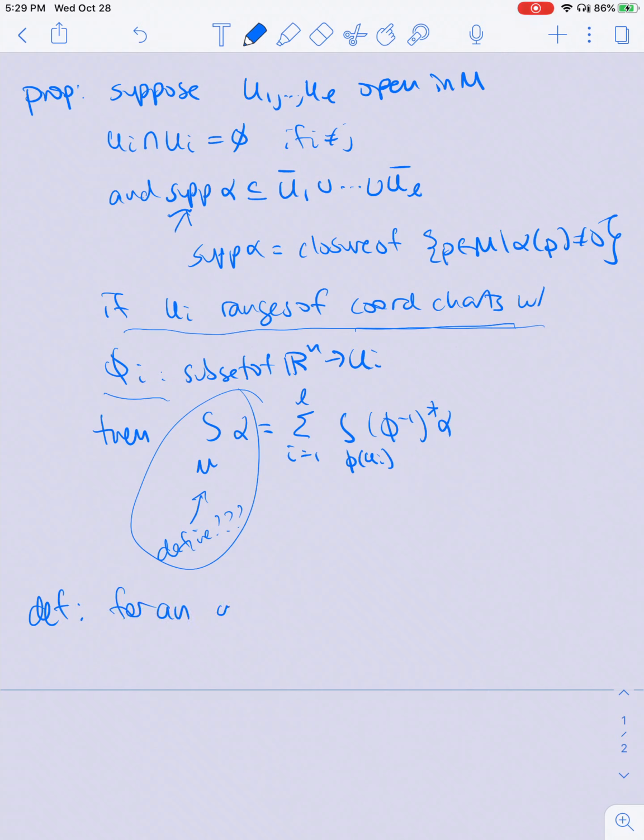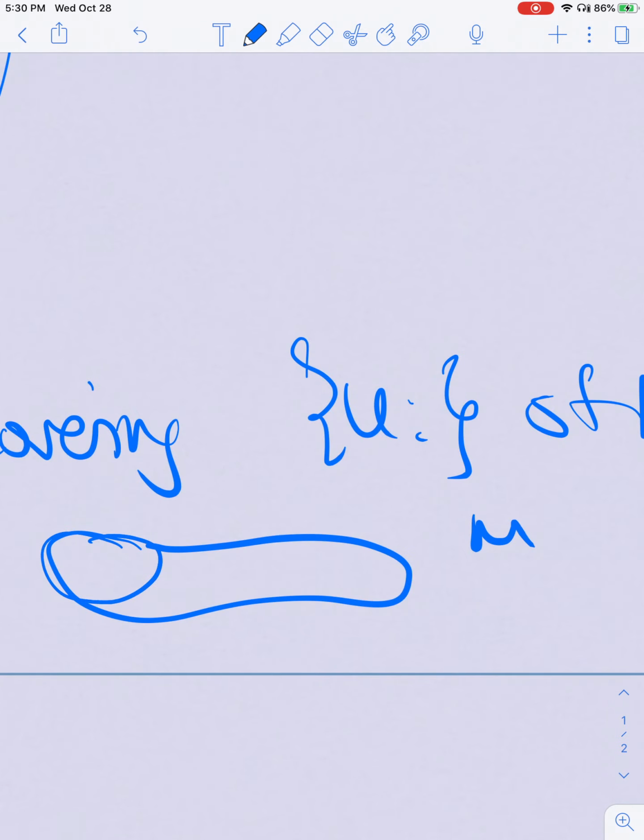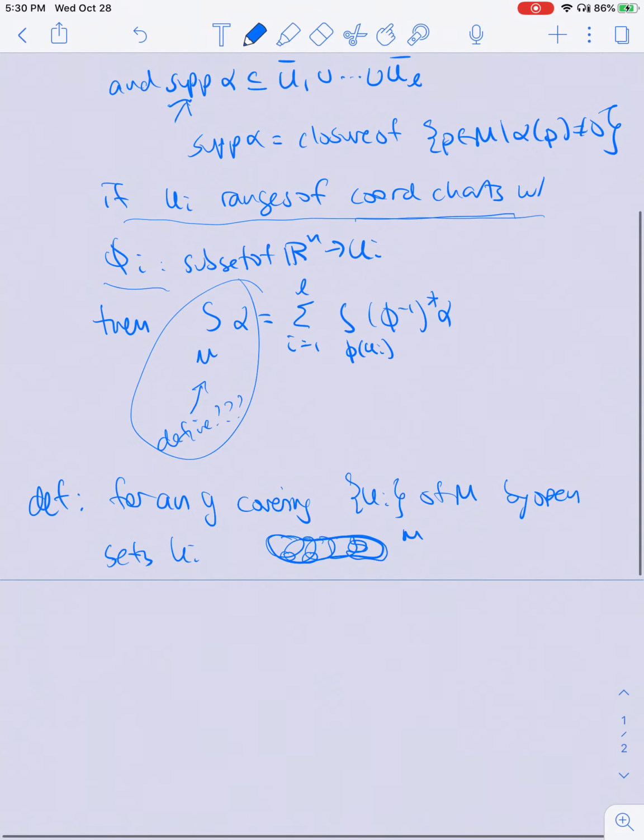For any covering Ui of M by open sets Ui, I have my manifold M, and I'm taking a bunch of open sets that may overlap, may not overlap, but something has to overlap to get the rest of M. These are the Ui, so they're open sets covering M.